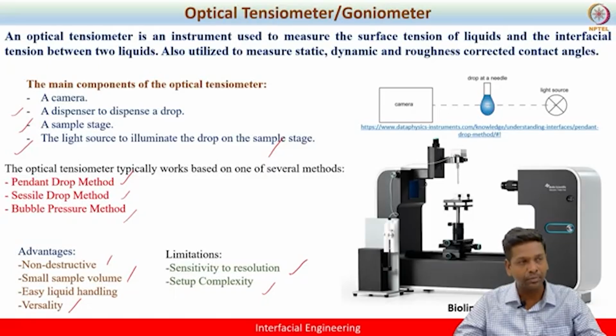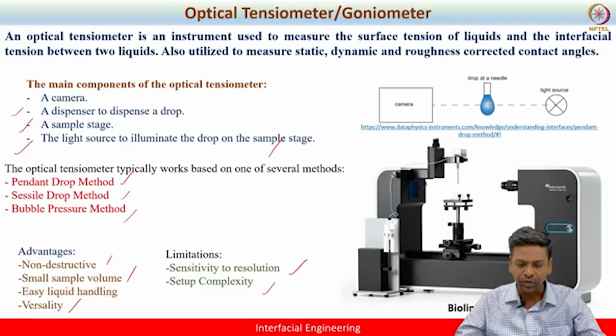There is something called baseline correction, and there is height and width calibration. This needs to be performed every time we use the goniometer. These are a few limitations of this technique.